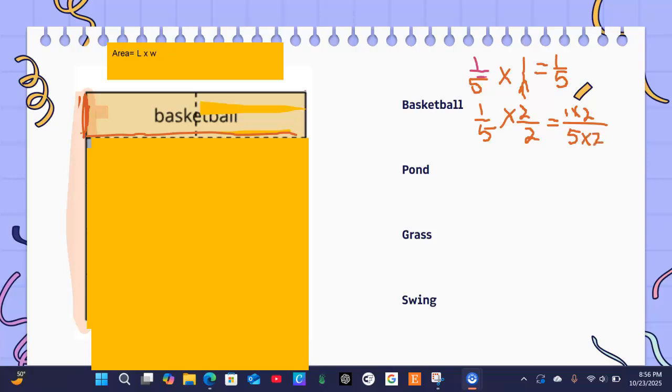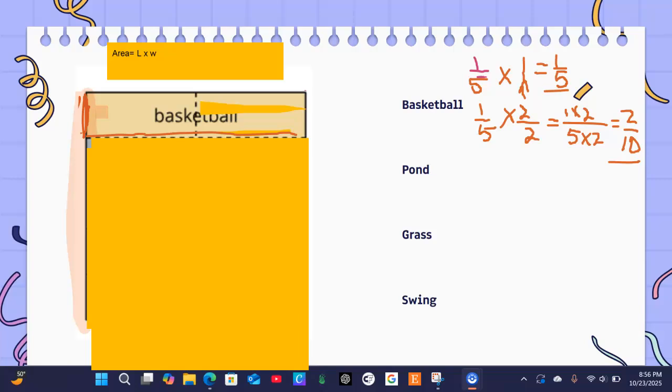And we know that 1 times 2 equals 2, and 5 times 2 equals 10. Now, again, whether you give us an answer of 2/10 or 1/5, both answers are correct. It all depends on how you see it.